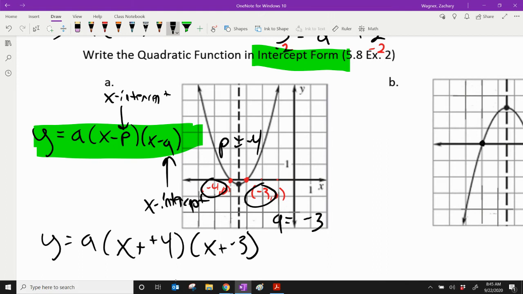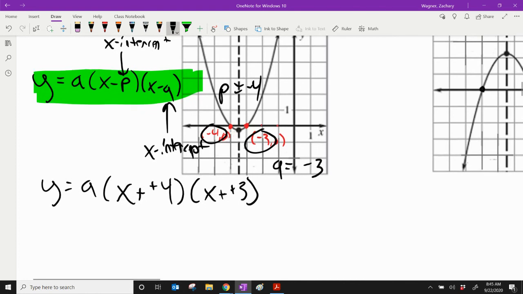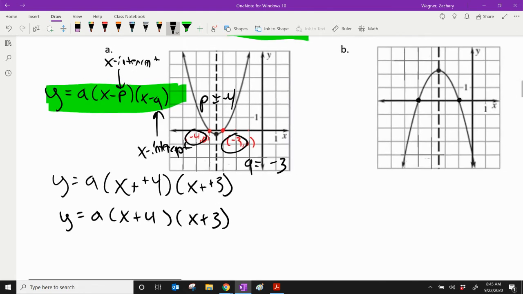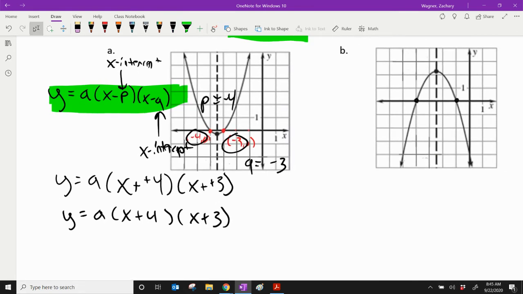That's why something that looks like a positive intercept, x plus 3 and x plus 4, actually has negative intercepts, because minus minus becomes positive. From there, we need to solve for a. Luckily, we're going to look towards our graph to get some valid points.